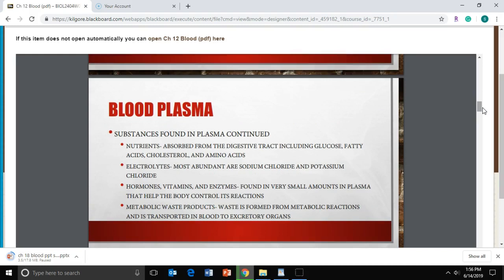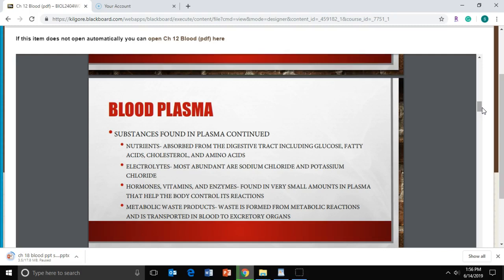Other substances that can be carried in the blood are nutrients, such as glucose. There will also be amino acids and cholesterol. Electrolytes, which are our charged atoms or ions, and these would be substances such as sodium and chloride and potassium. Also hormones, you learned about that in the last chapter.